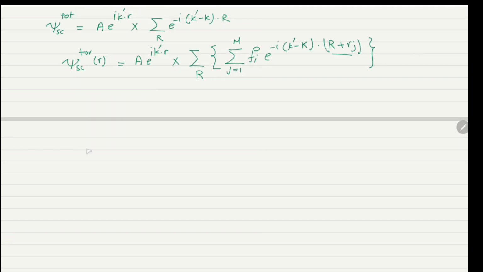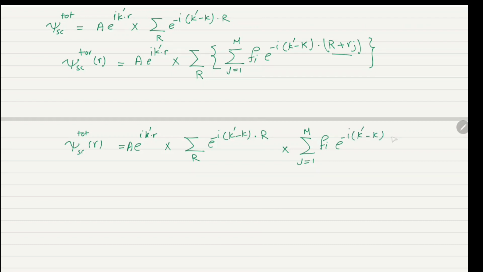And to simplify, this one here is equal to the total e to the i k prime dot r times the summation over r of e to the minus i (k prime minus k) dot r times the summation over all atoms f_j e to the minus i (k prime minus k) dot r_j.